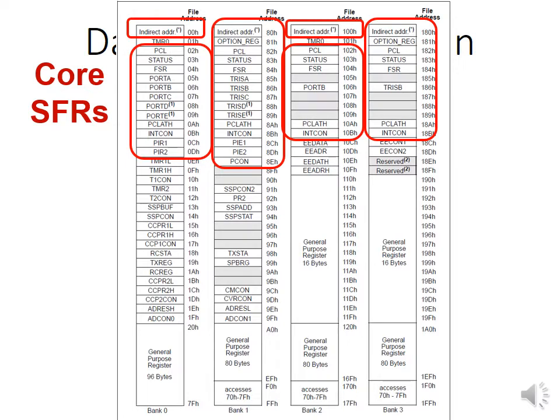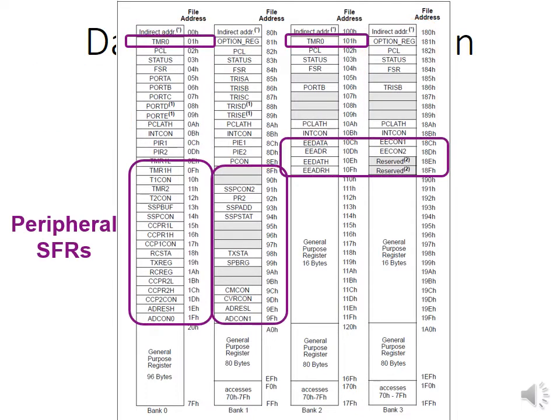Core SFRs are those SFRs that control the basic operation of the microcontroller. Peripheral SFRs are those SFRs that control the operation of particular peripherals on the microcontroller.